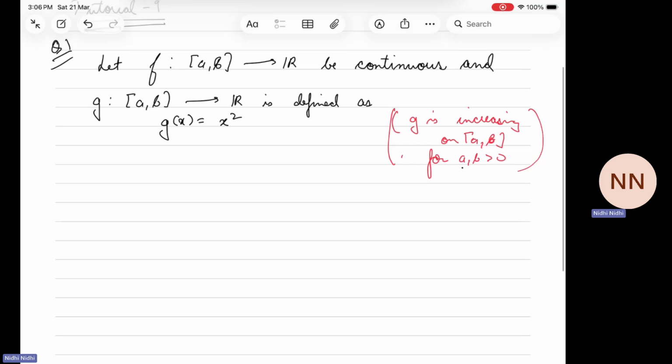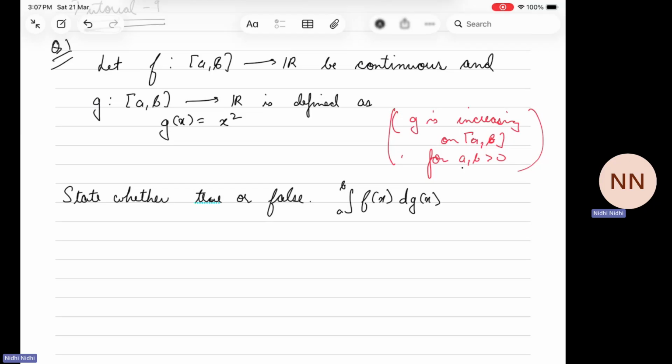State whether true or false: this integral from a to b of f(x) dg(x), what we call the Riemann-Stieltjes integration, exists if and only if the Riemann integral of the function f exists.